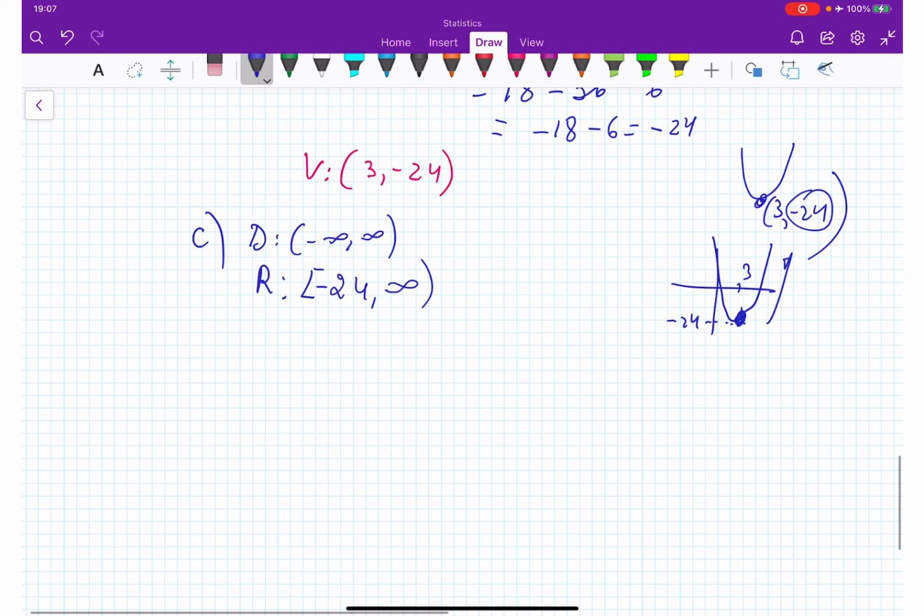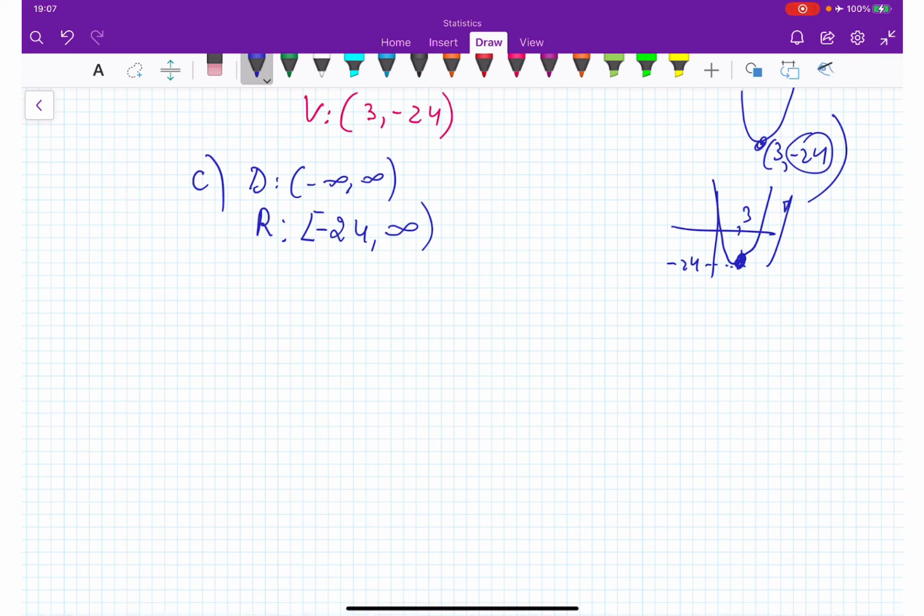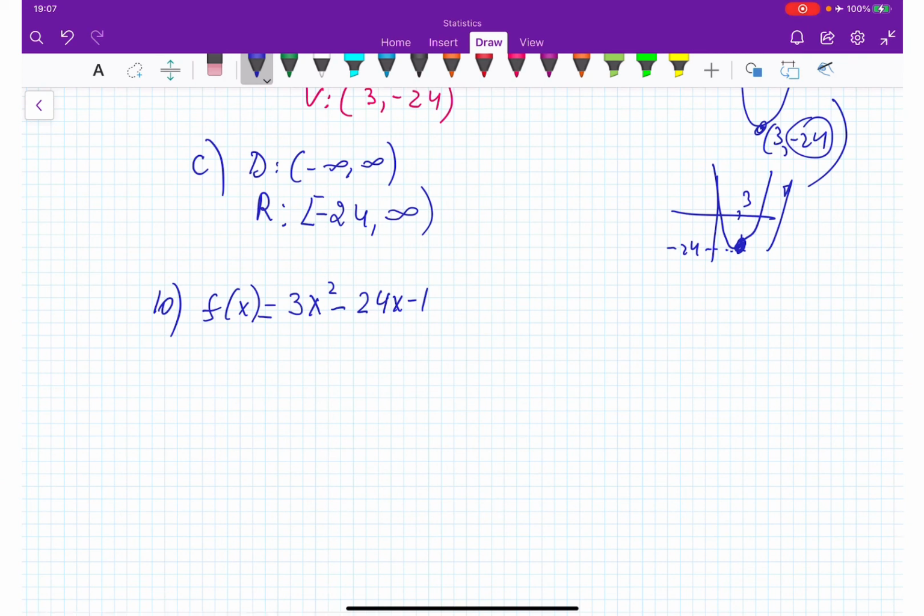Okay, question number 10. So we have f of x is equal to 3x squared minus 24x minus 1. Okay, we have to do the same thing. Find the vertex, whether it is maximum or minimum. Find the coordinate of the vertex and identify domain and range.